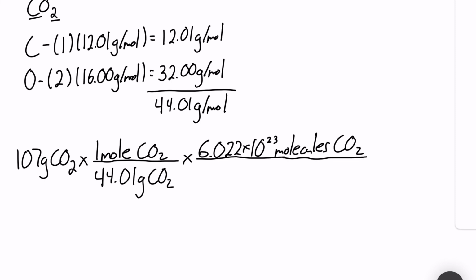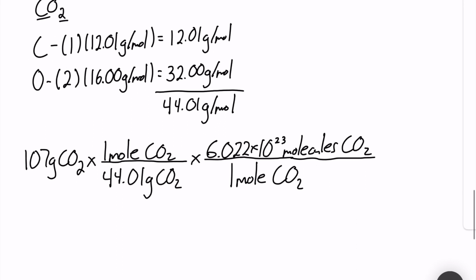So for every 1 mole of CO2, there are 6.022 times 10 to the 23 molecules of CO2. Okay? So all you're going to type into your calculator here, you'll go 107 divided by 44.01 multiplied by 6.022 times 10 to the 23, and you'll get your answer.